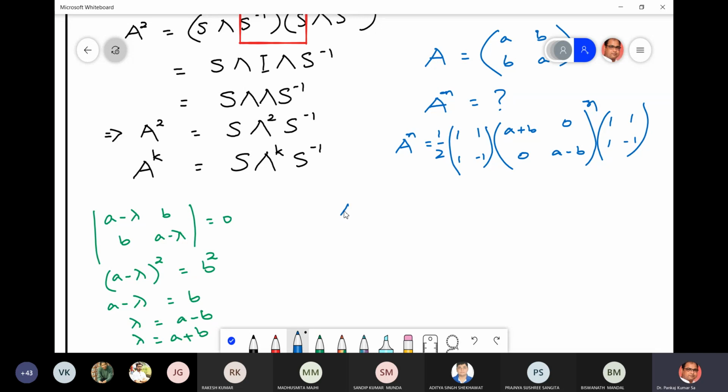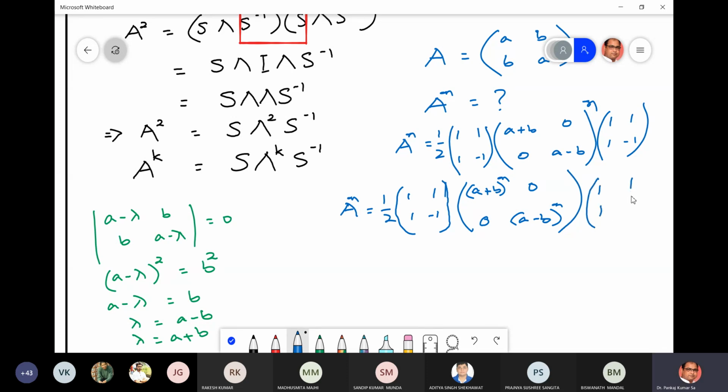So that actually becomes A to the power n is equal to half 1, 1, 1 minus 1, a plus b to the power n, 0, 0, a minus b to the power n, 1, 1, 1 minus 1.